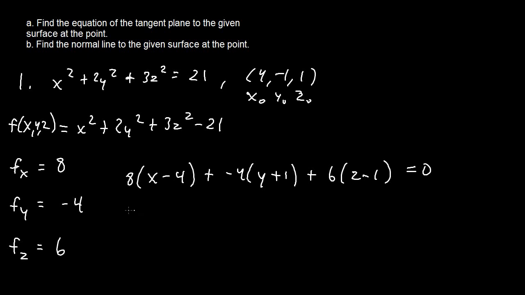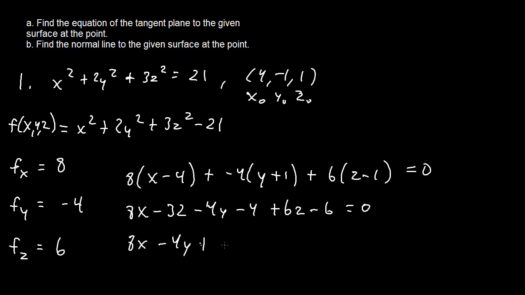So if we go ahead and simplify, we get 8x minus 32 minus 4y minus 4, so distributing all these numbers here, plus 6z, and then minus 6 equals 0. So we get 8x minus 4y plus 6z equals, so now negative 32 minus 4 is negative 36, negative 36 minus 6 is negative 42.